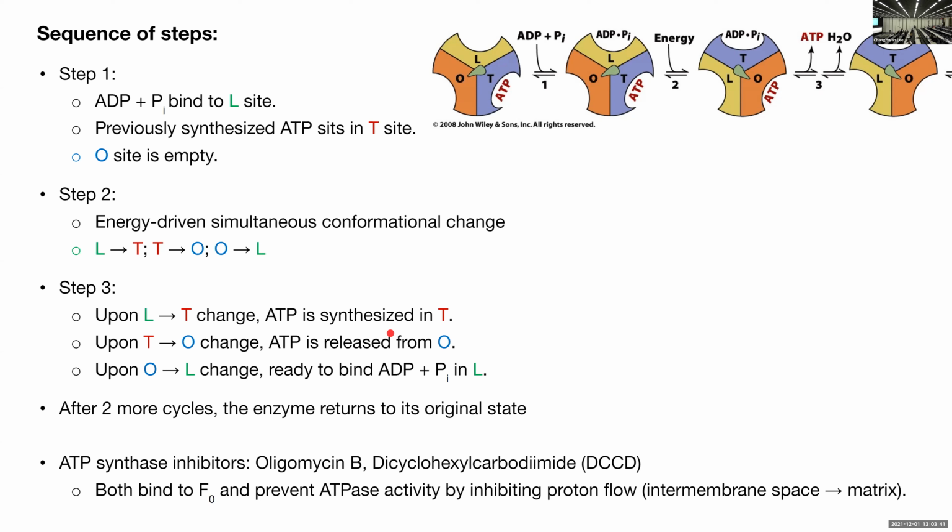So L changes to T in these 3 steps. For the next 3 steps, T will change to O, and then O will change back to L in the later 3 steps. So if it goes 2 more cycles, it's going to go back to its original state where L is on the top. And these are the inhibitors of the ATP synthase, oligomycin B or DCCD.